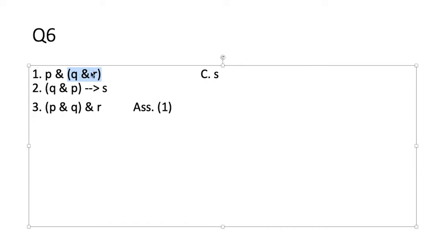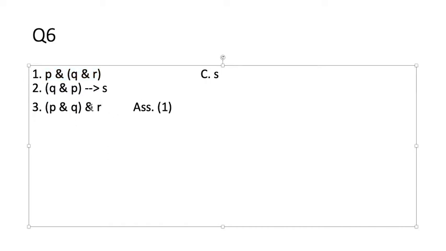Basically, I can change the brackets when all of the operators are and, or all of the operators are or, right? Okay, so I'm going to change where the brackets are on line 1 to turn it from P and (Q and R) to (P and Q) and R.